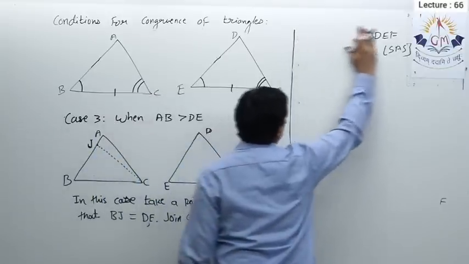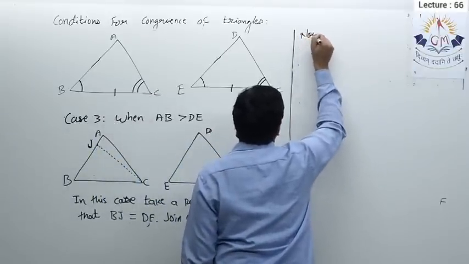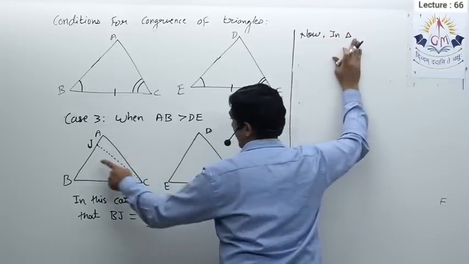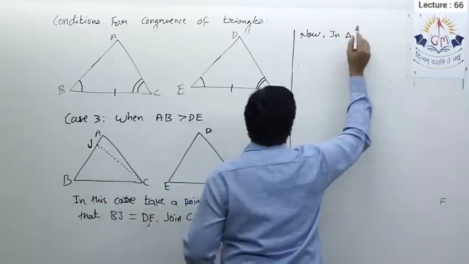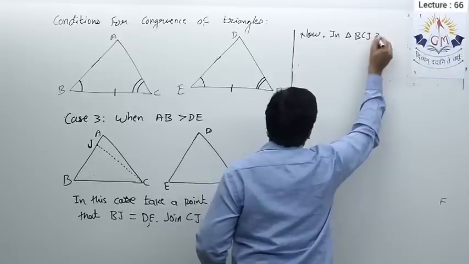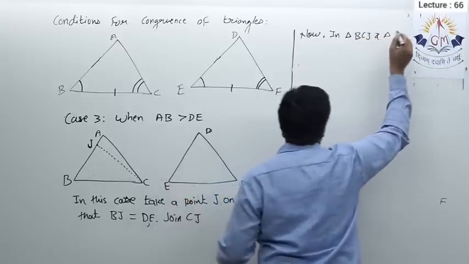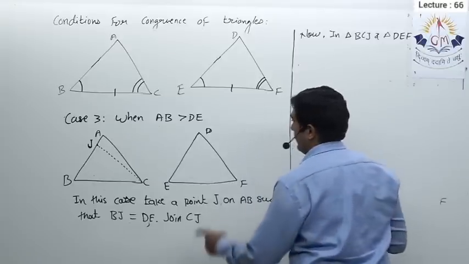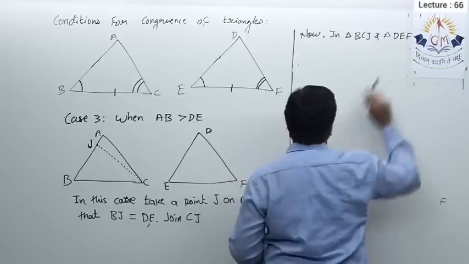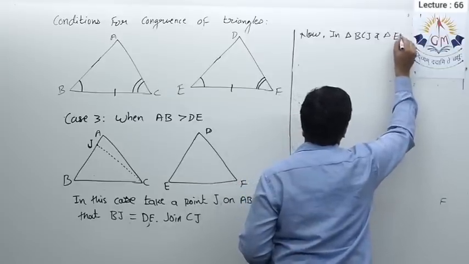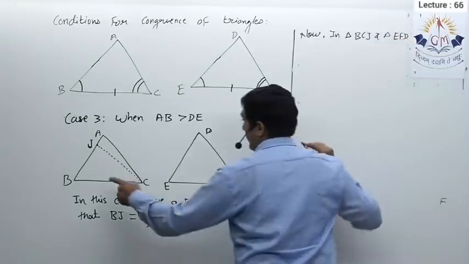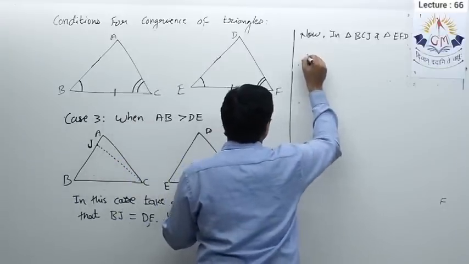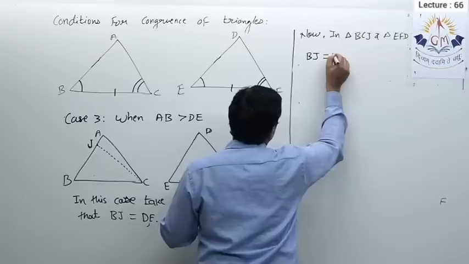Now in triangle BCJ and triangle EFD, BJ is equal to DE.